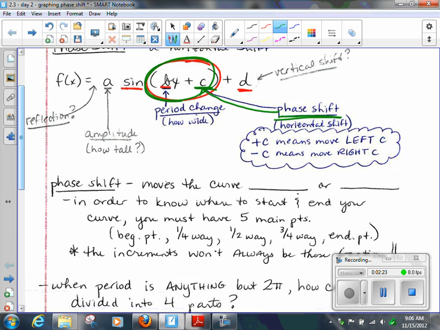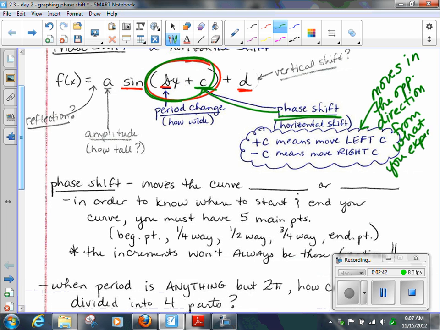It moves in the opposite direction from what you think. Please write that down: moves in the opposite direction from what you expect.